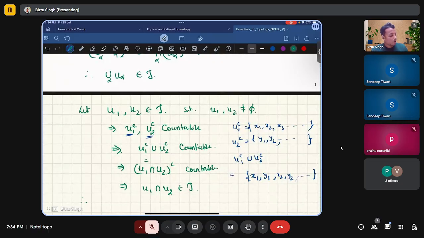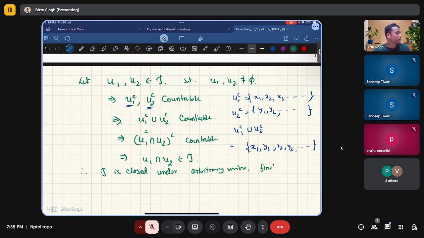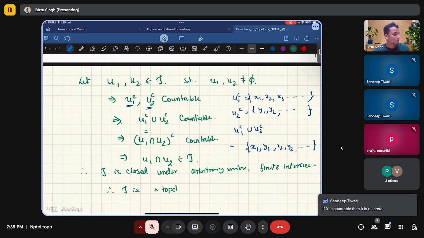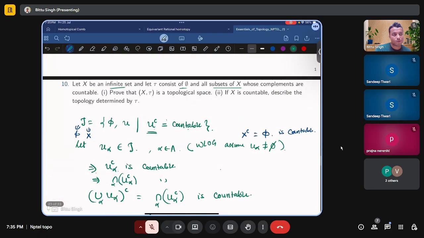Hence we are getting that tau is closed under arbitrary union and finite intersection. Therefore, tau is a topology. So this kind of topology is called co-countable topology.